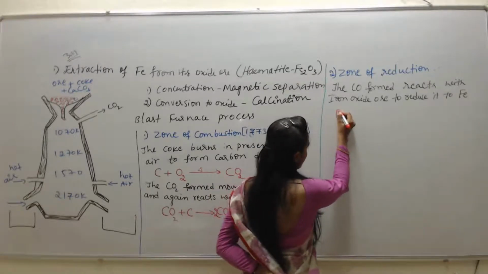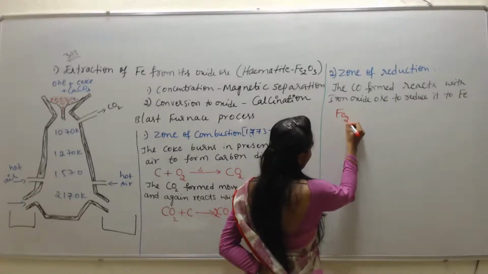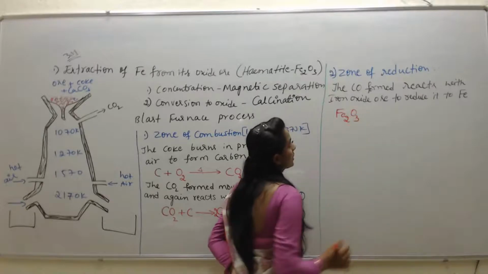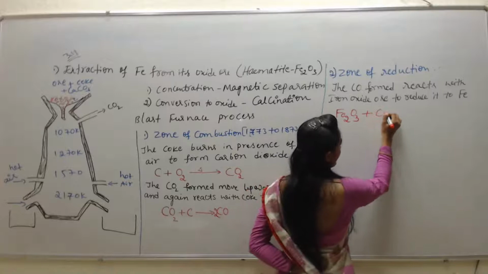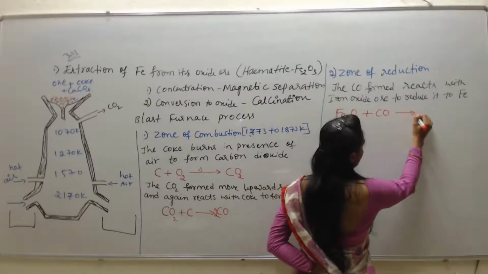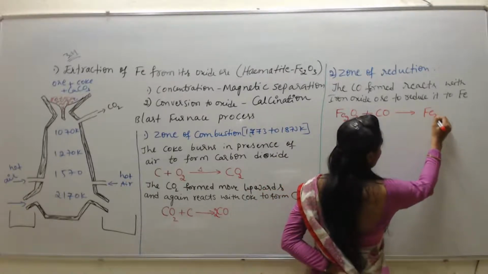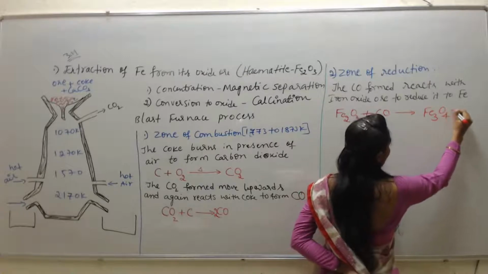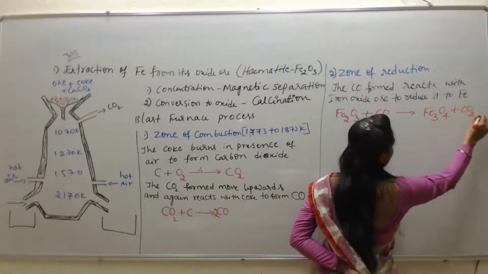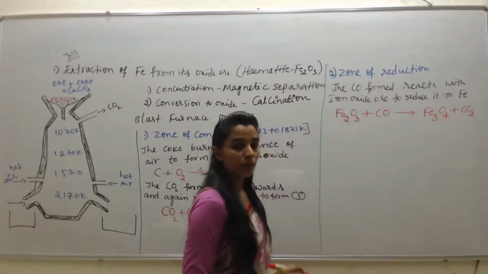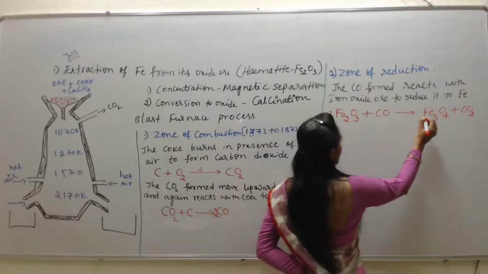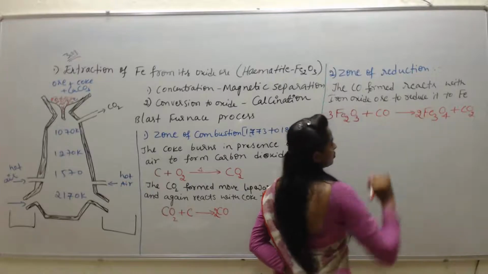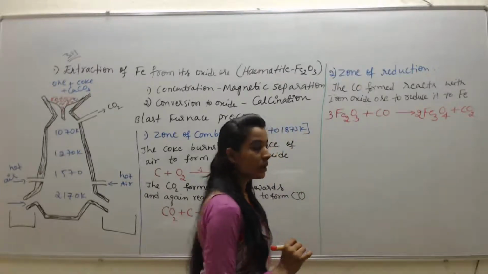students. First, this Fe2O3, that is hematite, reacts with carbon monoxide, forms Fe3O4 plus CO2. Here it is 3 times, here it is 2 times. Okay.